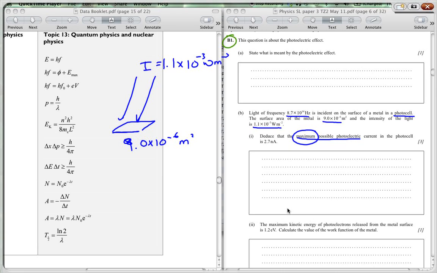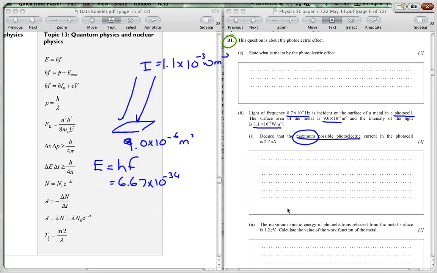So the first thing we're going to do is work out the energy of one photon. So we're going to have h times our frequency. So we're going to have 6.67 times 10 to the negative 34. That's your Planck's constant.